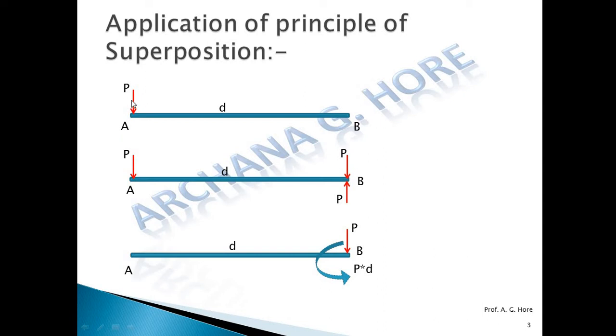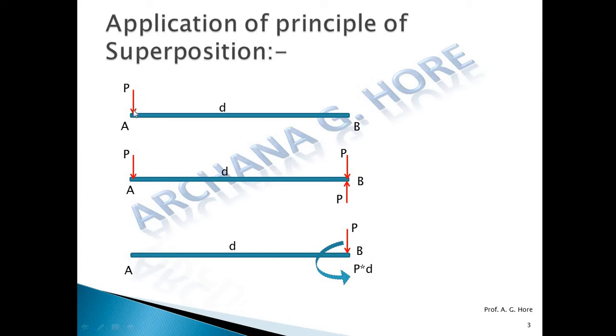Okay, so how did we transfer from point A to B? With the same magnitude. P magnitude is the same, direction is the same, as it is, but the moment of this force P about the point B. Now calculate that moment of this P force at B. So this force is rotating anticlockwise and P into perpendicular distance D. So P into D. So how can we transfer the force from point A to B?